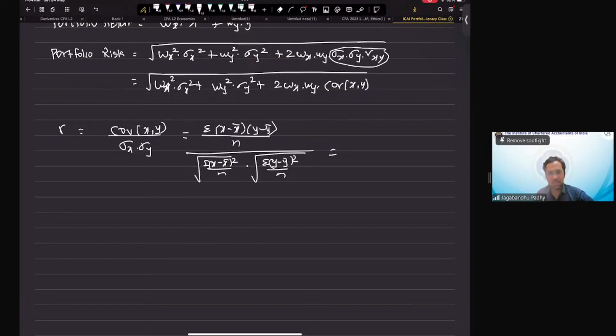So n gets cancelled throughout, and we are left with just summation of x minus x bar into y minus y bar upon root of summation x minus x bar square and root of summation y minus y bar square. That's the correlation. Covariance was the formula that we have over here.